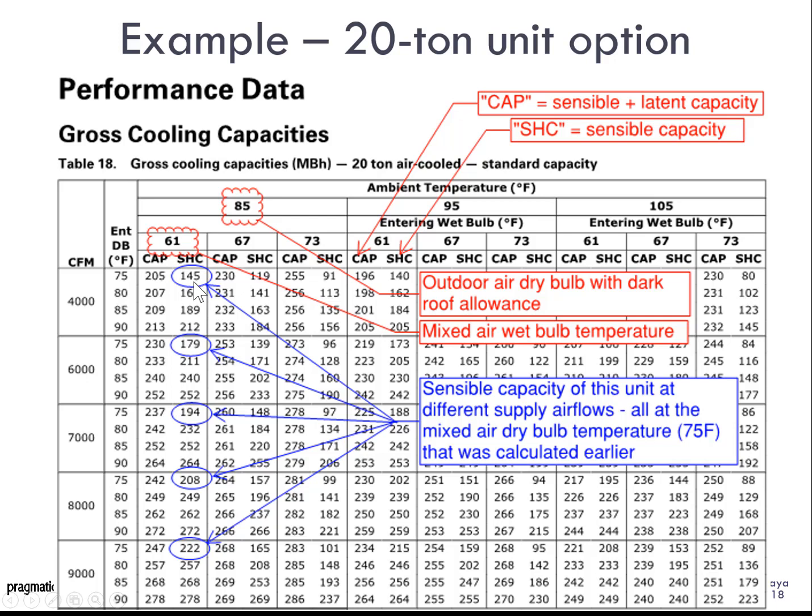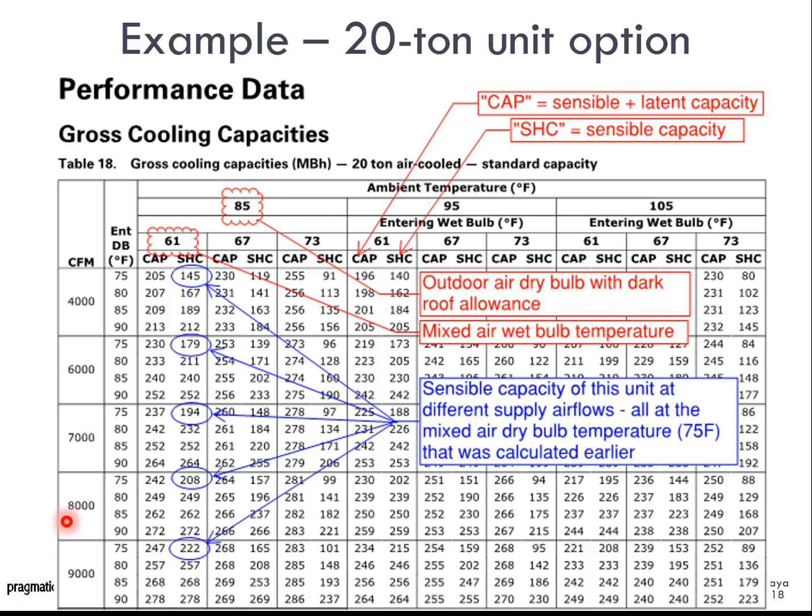So with this 20-ton unit, standard capacity, we have options. We can run the unit at 4,000 CFM, 6, 7, 8, and 9,000 CFM, which are given to us in the table. Obviously, we can run between these airflows.